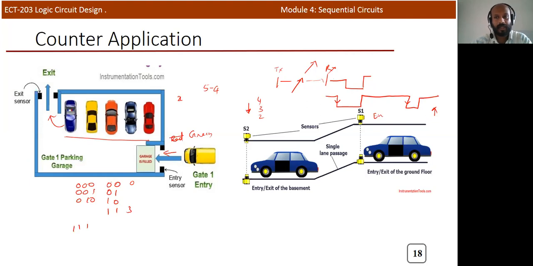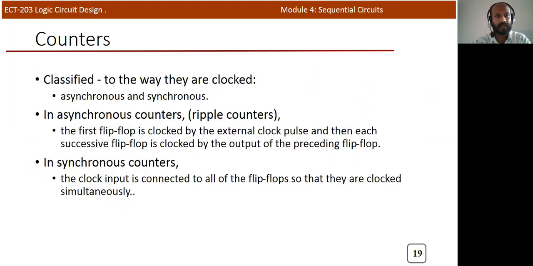So this is one application of a counter, and counters are mainly classified in digital electronics into two categories: asynchronous counter and synchronous counter. An asynchronous counter is also known as a ripple counter, which we'll discuss later. Flip-flops are the building blocks to implement these counters.